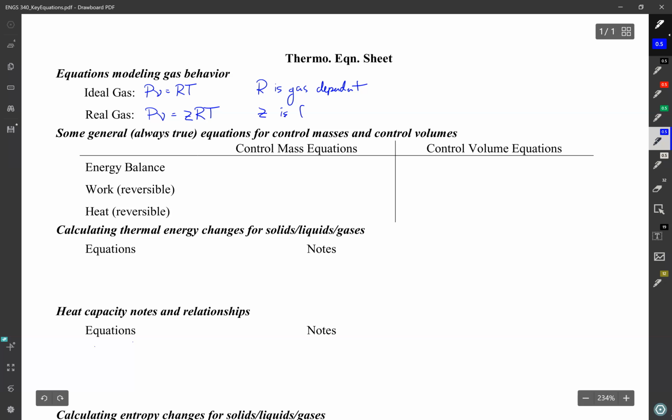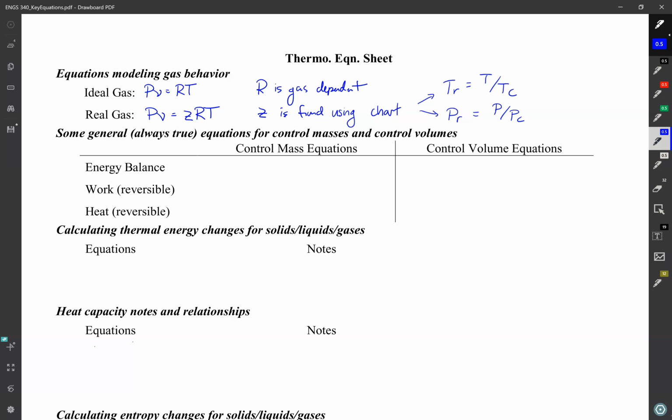Z is found using the chart where we find the reduced temperature, T over the critical temperature, and the reduced pressure, P over the critical pressure.